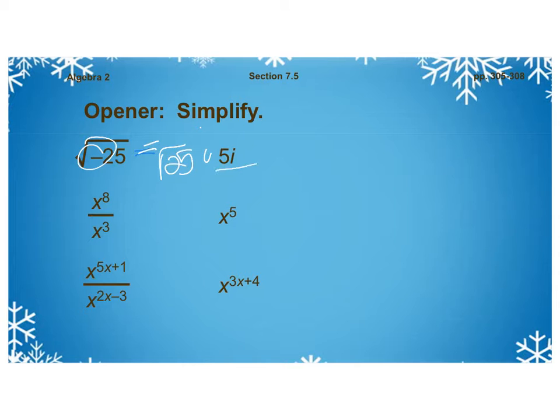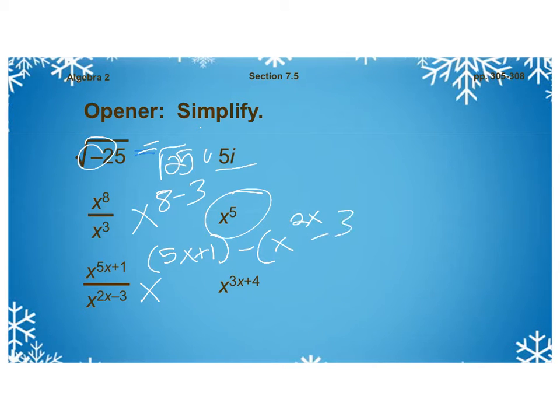Root 25 being 5, we get 5i. This is x to the 8 minus 3, so that is x to the 5. This one is interesting. This is going to be x to the 5x plus 1 minus x to the 2x minus 3.